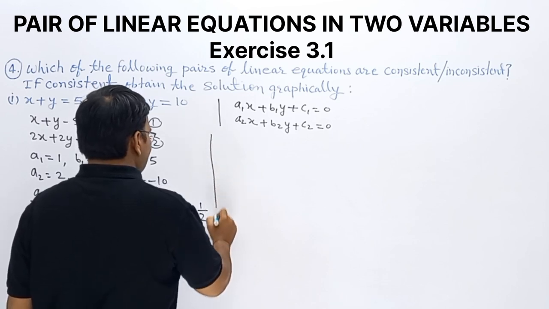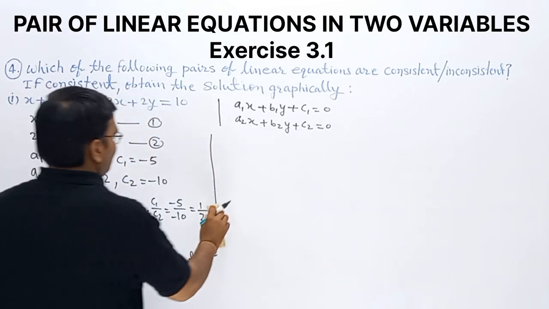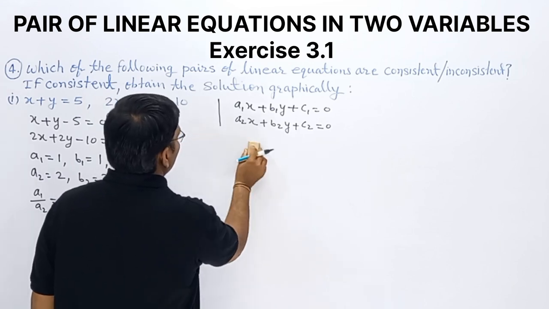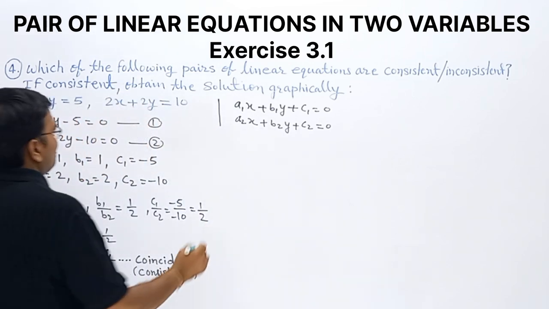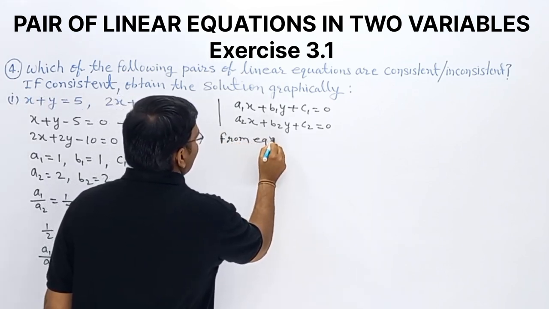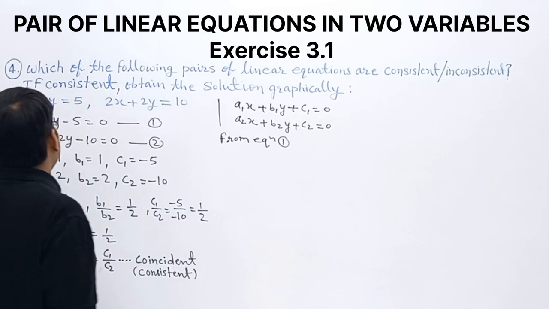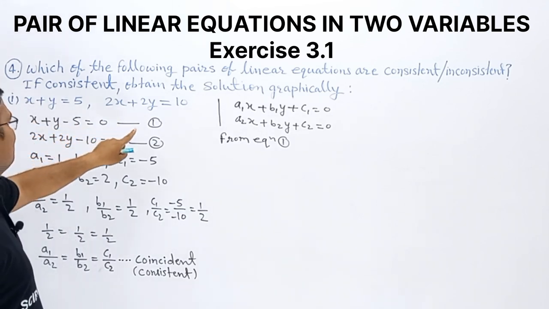So how will we find the solution? We will draw tables and then draw a graph. Observe equation 1: x plus y minus 5 equal to 0.